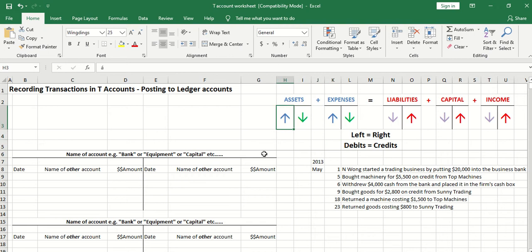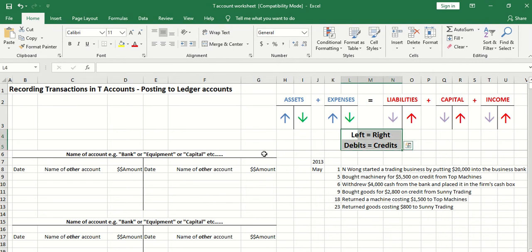Now that may be making an entry in both assets account, or in one entry in the assets account and one entry in the liabilities account. But whatever you do, this equation has to hold. The left-hand side has to equal the right-hand side. Accountants use the word debits equals credits. It just simply means the left-hand side has to equal the right-hand side.